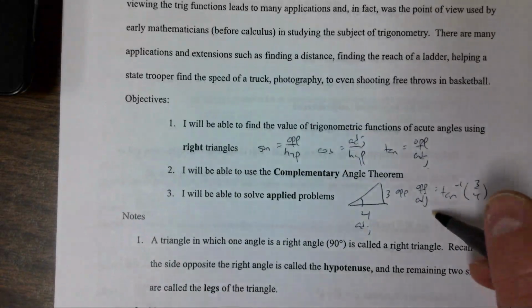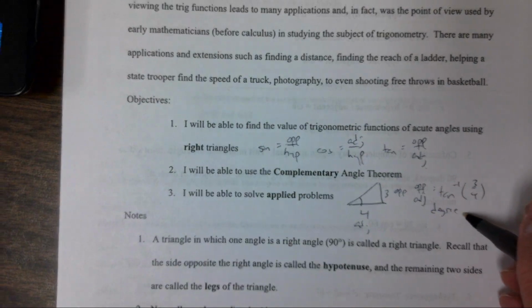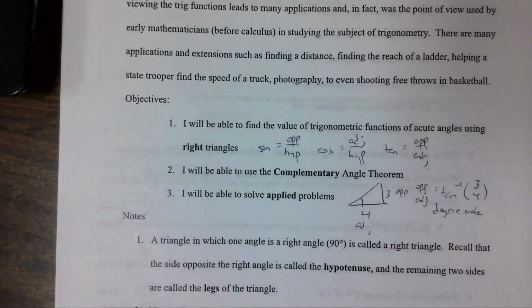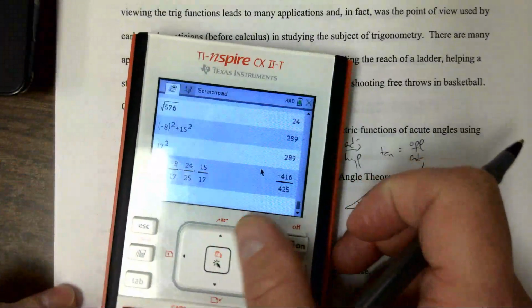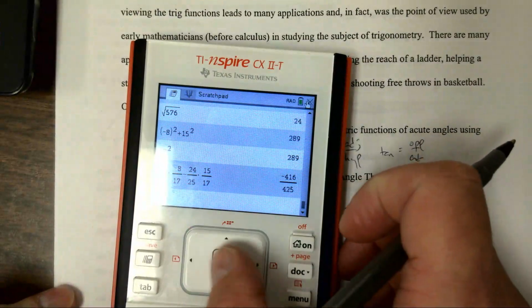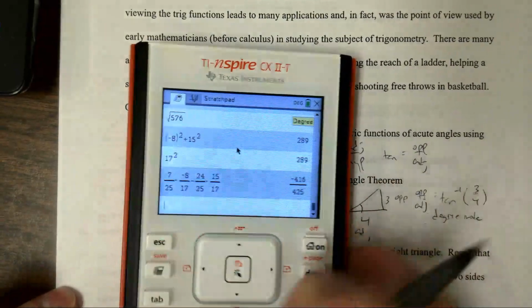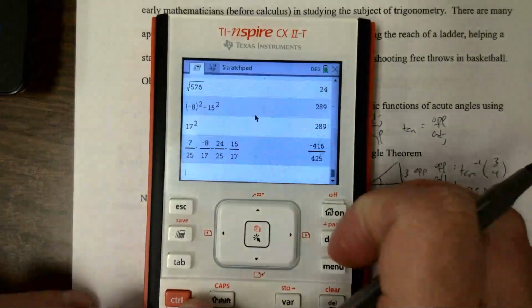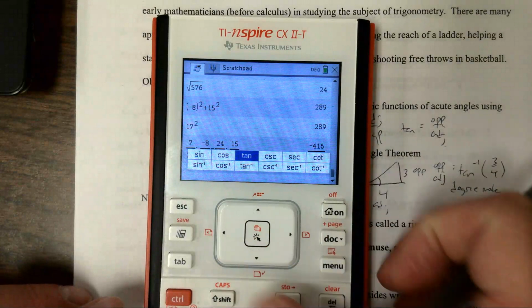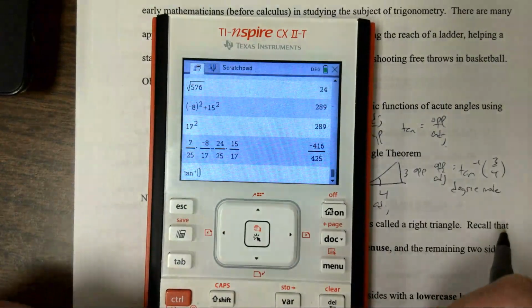Then you'd have to be in degree mode. So go to degree, and then do tan negative 1 of 3 over 4.